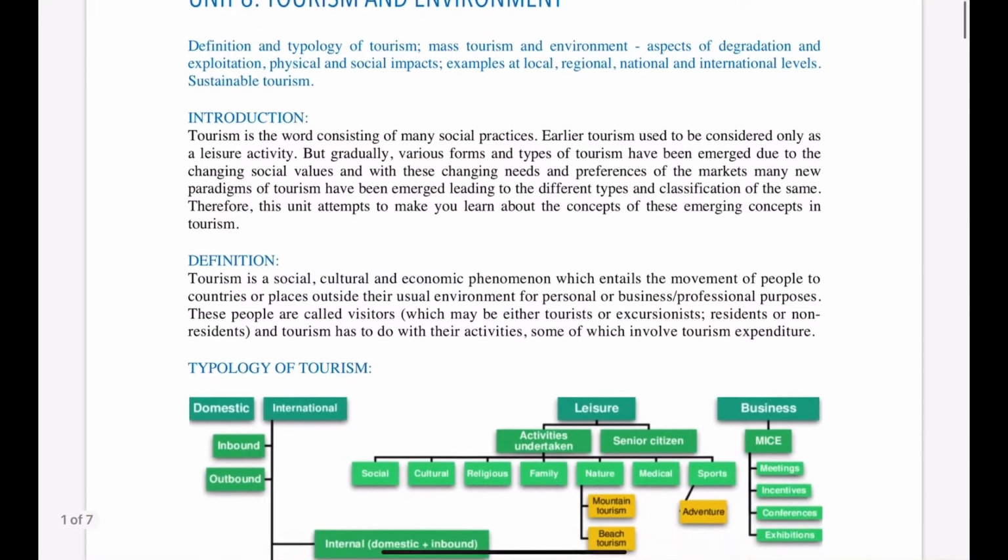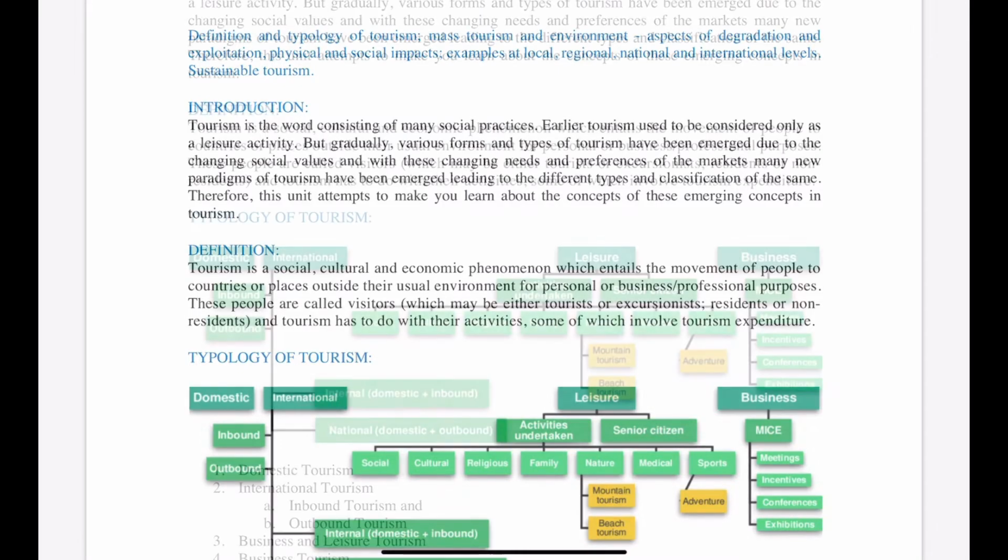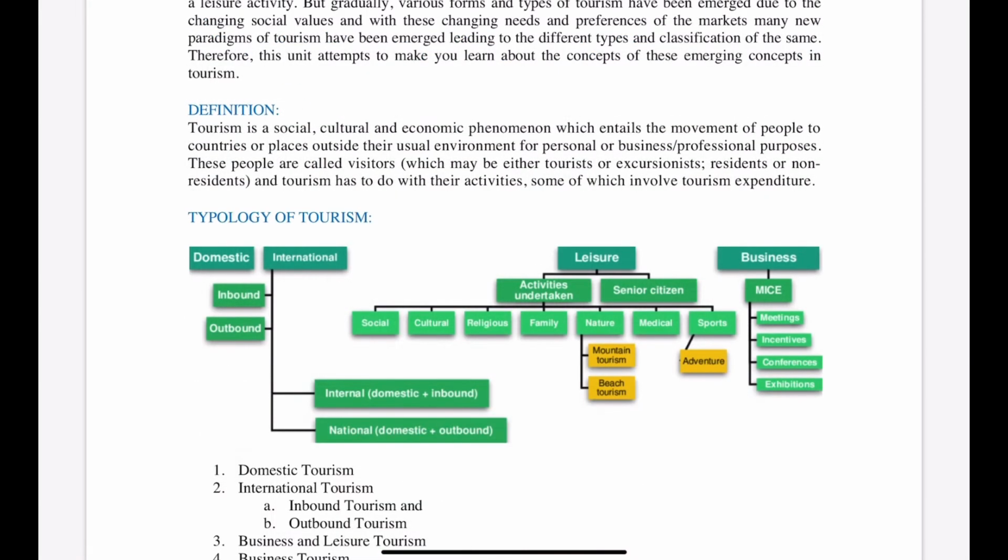So what do you mean by tourism? When we talk about tourism, it is a word that is mostly used when we go out for sightseeing or we are going out in a leisure activity. So many types of tourism can be there. We have many definitions for tourism.